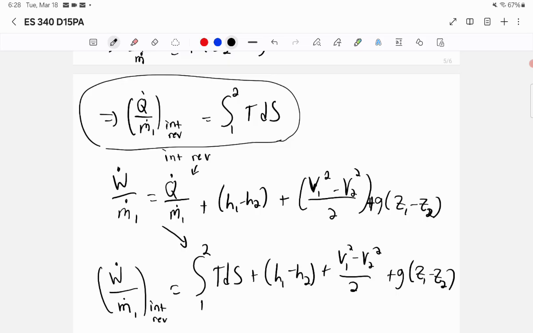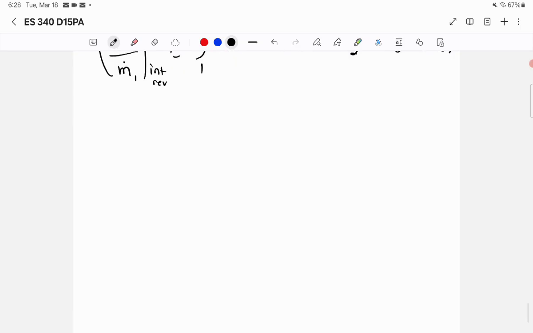And then if you recall, we had some T ds equations, so we can do a lot of playing around with them, like T ds equal to dh minus v dP, for instance.